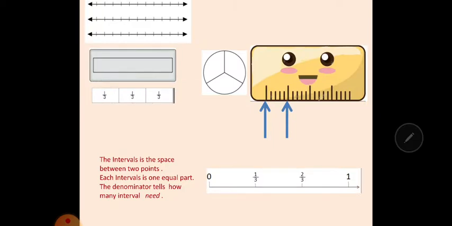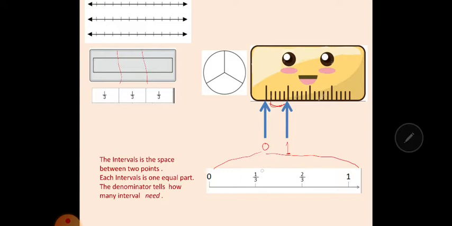Now, we said the fraction can have many types. It can be strips, like having a rectangle and cutting it into many pieces, pie, like a circle, or on a number line, like here, taking a small piece from 0 till 1 and then cutting it into smaller pieces. You see this one? I cut it into smaller pieces.